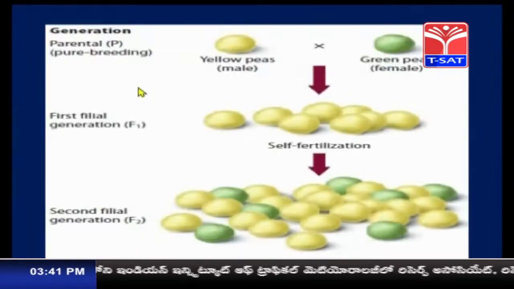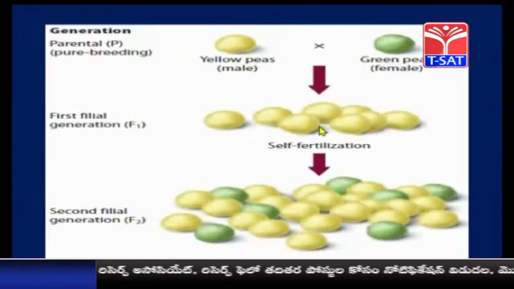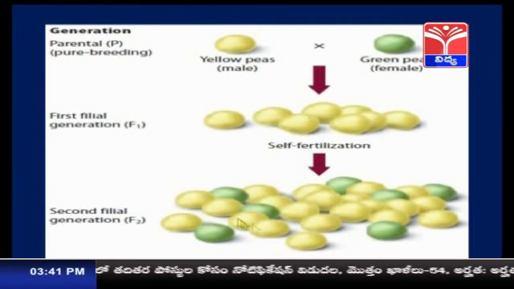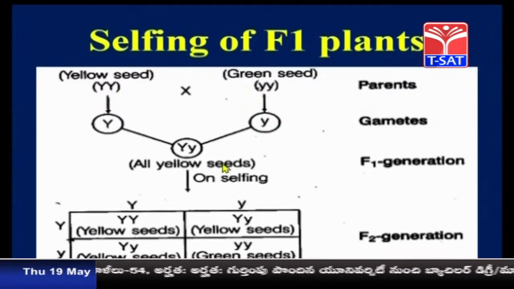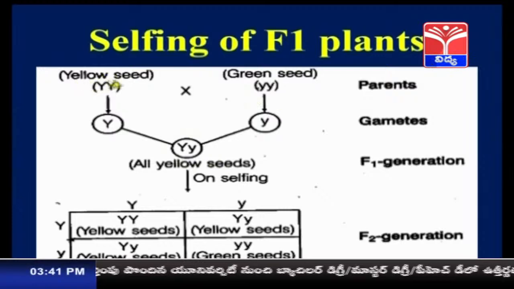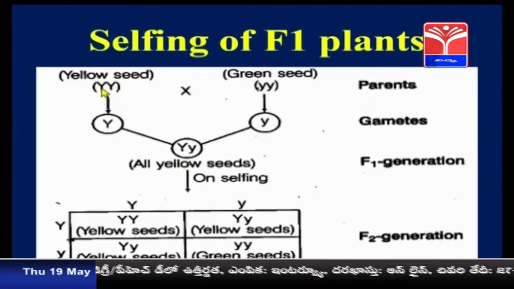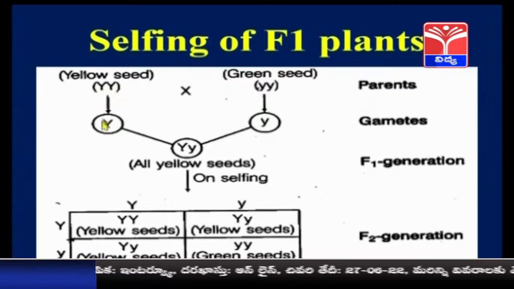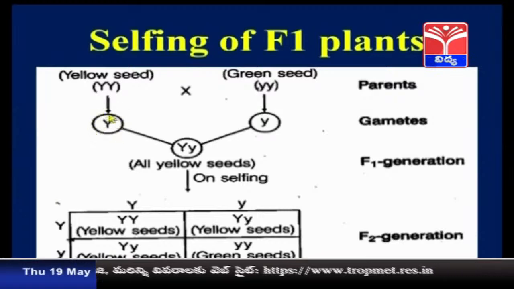So the same thing, dear students, what we are showing over here, right? Plants, then progeny, this is F1, then again selfing F2, same thing we are representing here with the help of this diagram. Okay, so yellow seeds, capital Y, these are the two alleles. Of the two alleles only one will enter always whenever there is gamete formation, these two will not enter.